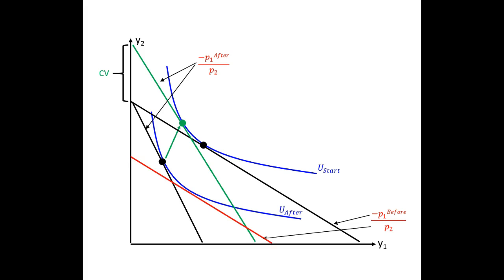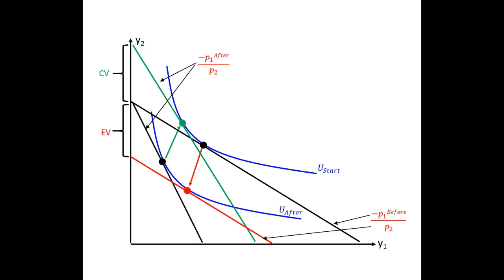So that will give us a new budget constraint which has the same slope as the original one, and therefore we could reduce the income. We can take money away from the consumer in this case, and therefore let her achieve the same utility level as we should have had if we changed the prices. And this is called the equivalent variation.